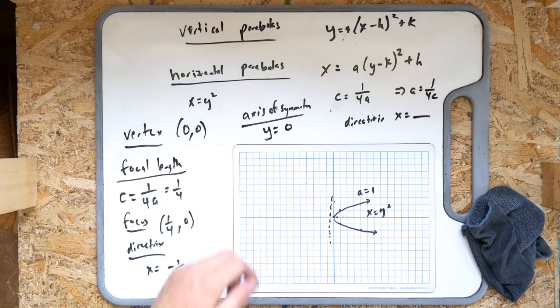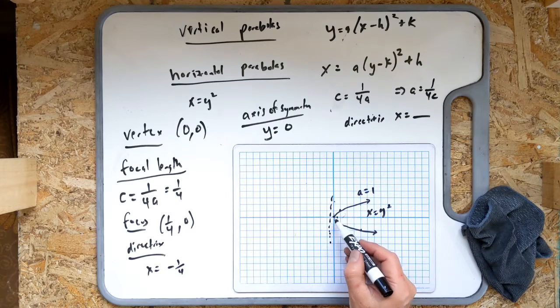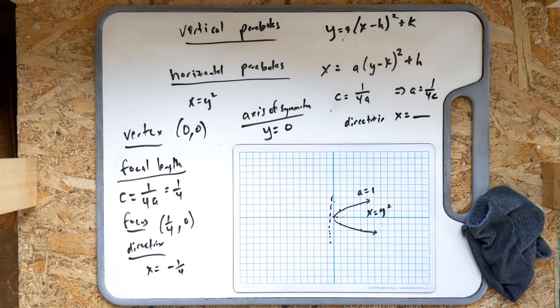So notice the axis of symmetry also changed its equation, but it's still the same basic idea. I wouldn't do it with the equations, just do it graphically. If it's a sideways parabola, put the parabola sideways, the focal length will go inside it, the directrix will go outside, and then you get the equations just by looking at the graph.